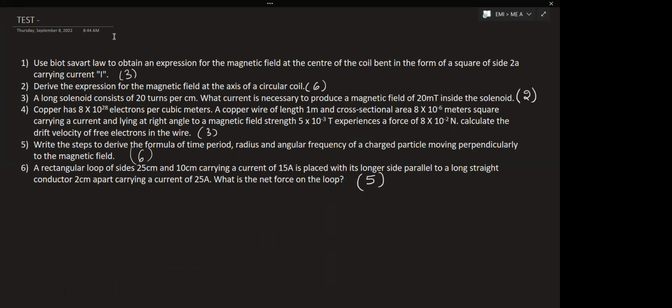See, marks are written in front of it. So according to the marks, just solve the questions.